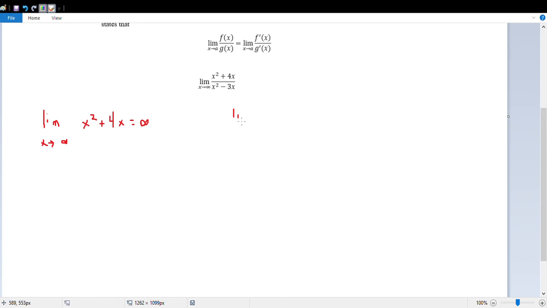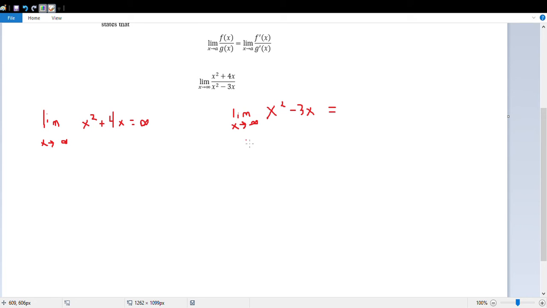And we'll show that the limit of the denominator, what does that equal? Well, that equals infinity minus infinity. So that's actually indeterminate itself.